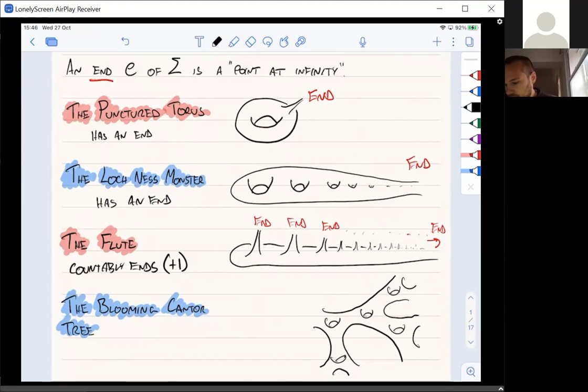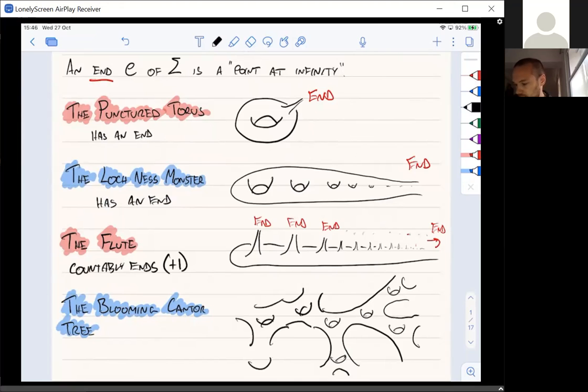Okay, and then so that's some surfaces, and then here's the blooming Cantor tree surface. So this is a kind of snapshot of it. Obviously it's infinite, and the way you construct it is by gluing. You take a genus 1 surface with 3 boundary components, and you just keep gluing them together in every direction.